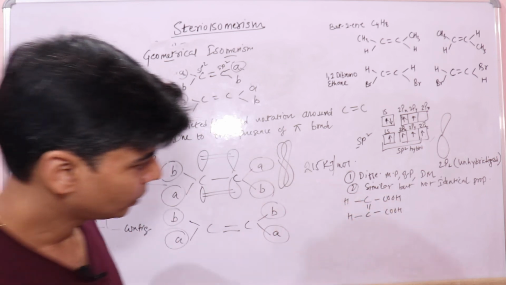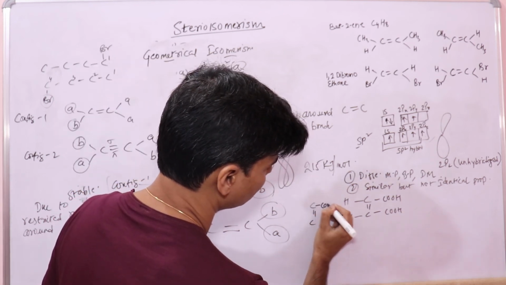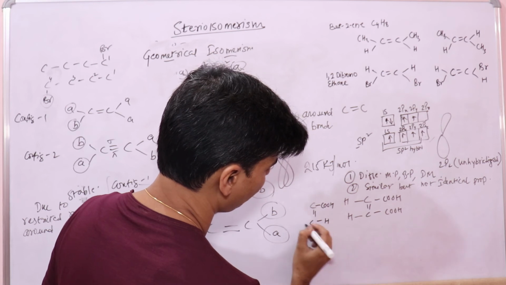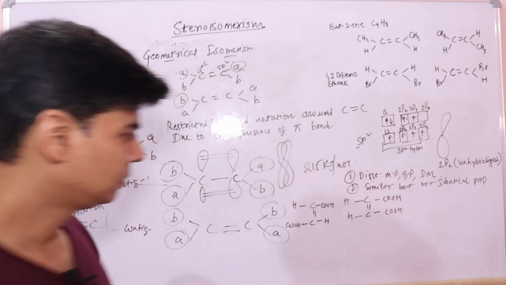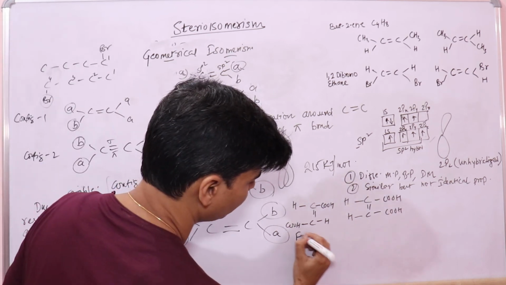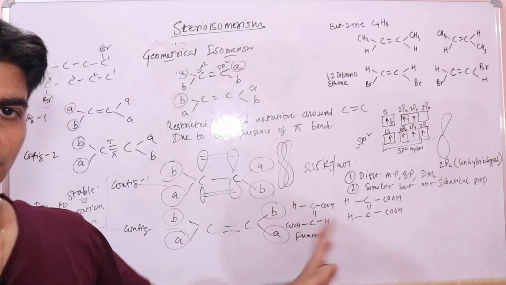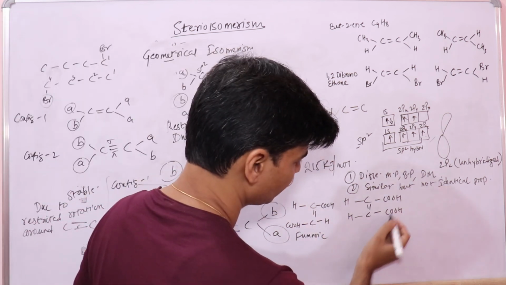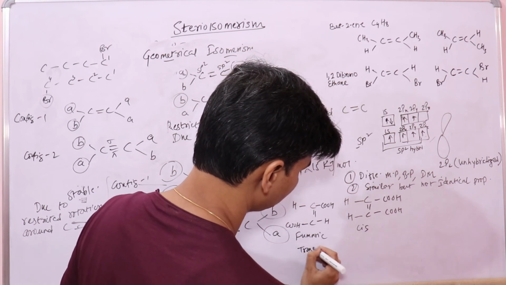In another form, this is your fumaric acid. These two are geometrical isomers, or stereoisomers. This is your cis form, this is your trans form.